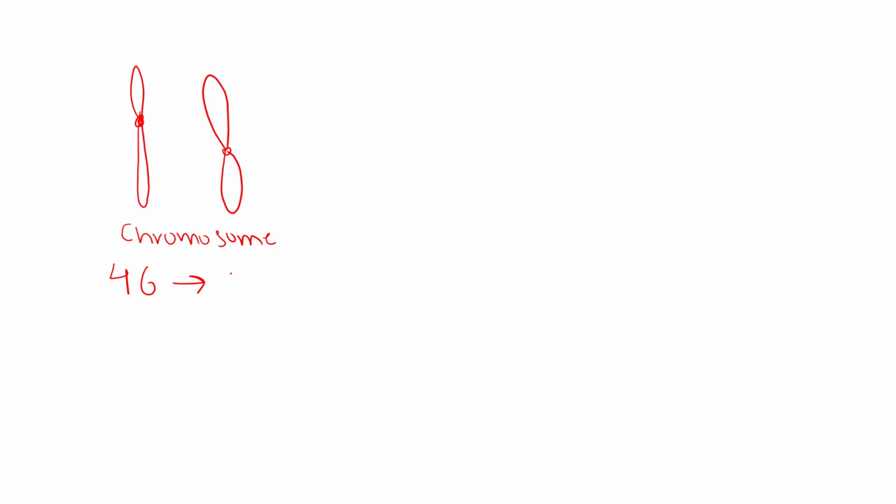Now let's try to understand what exactly we are talking about. There are chromosomes, and let's say this chromosome came from your father and the other chromosome came from your mother. So in human beings there are 46 chromosomes and they exist in 23 pairs. So these 23 pairs of chromosomes have one coming from father and one coming from mother.